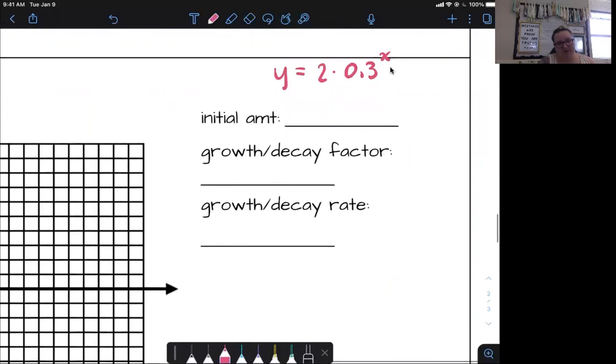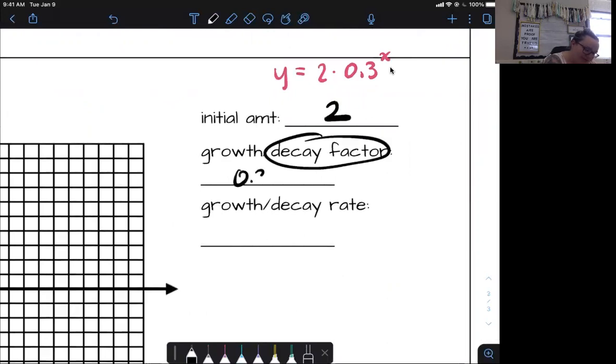Go ahead and identify those things really quick. All right, so our initial amount is 2. We have a decay factor of 0.3. Our decay rate, so 0.3 is equal to 1 minus r, negative 0.7. So r is 0.7. Our decay rate is 0.7.